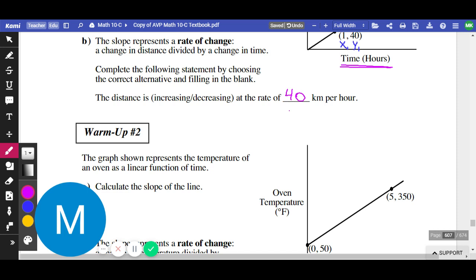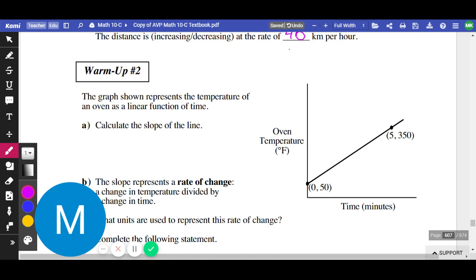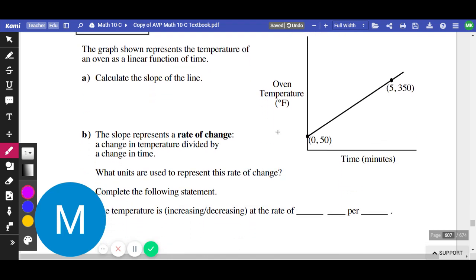Let's try another one. So the next one is the temperature of an oven. They've given us two random points. If we want to figure out the slope, we can go y2 minus y1, x2 minus x1. So let's calculate that. So slope would be, this is x1, this is y1, x2, y2.